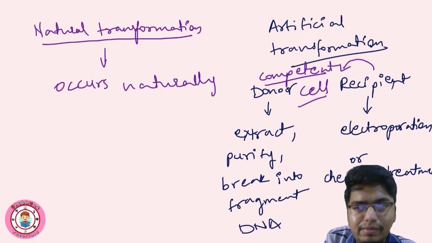We are making it more permeable so that DNA can enter into it. So this is what we do in artificial transformation.